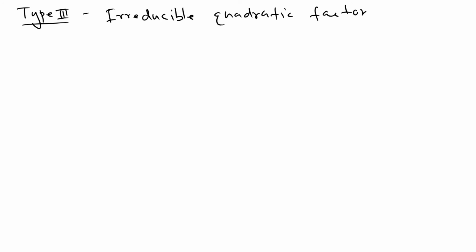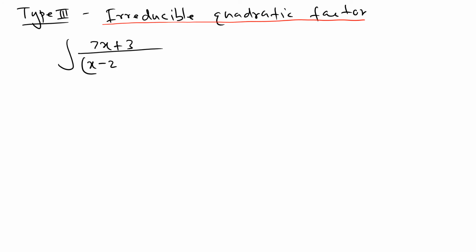Irreducible quadratic factor. So let's look at a problem like this. We can integrate 7x plus 3 over, let's say, x minus 2 times x squared plus 4, maybe, dx. So just some numbers.